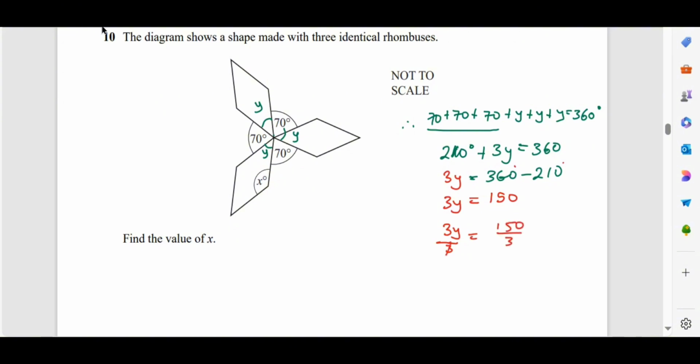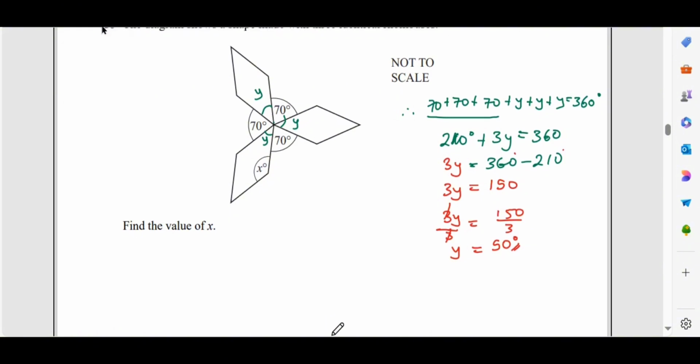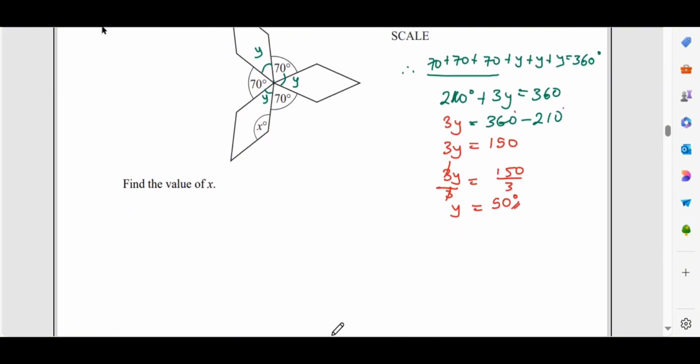So 3 will cancel out 3 here. You have y equals 150 divided by 3, which will give you 50 degrees. Okay, remember this is not our answer. We are not asked to find y, but we solve for y in order for us to find the value of x.